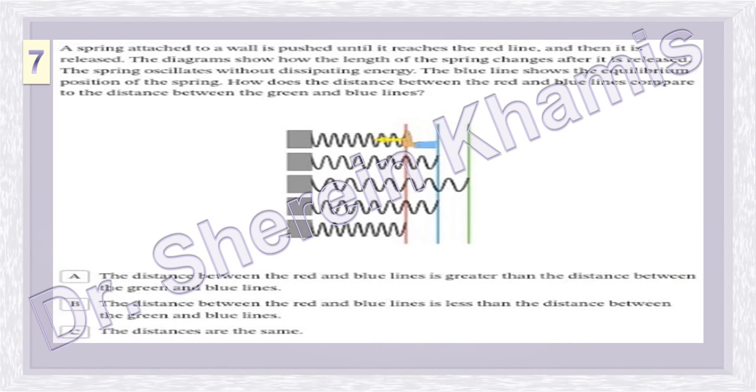Question 7 says a spring attached to a wall is pushed until it reaches the red line, then it's released. The diagrams show how the length of the spring changes after release. The spring oscillates without dissipating energy. The blue line shows the equilibrium position of the spring. How does the distance between the red and blue lines compare to the distance between the green and blue lines?